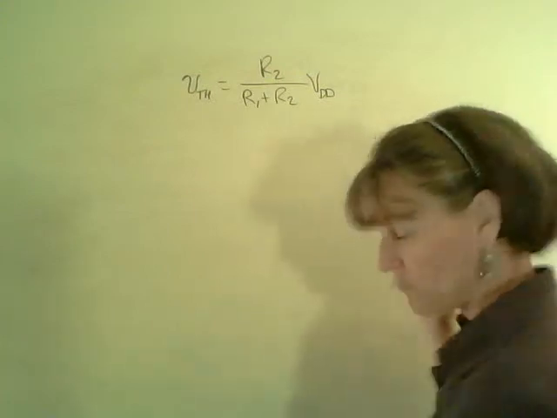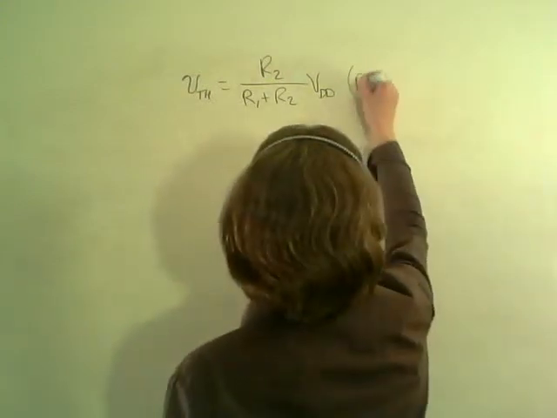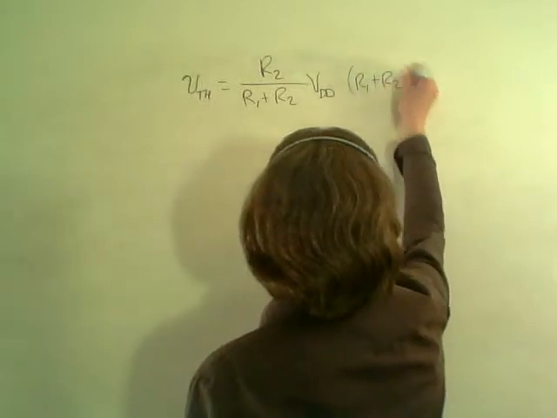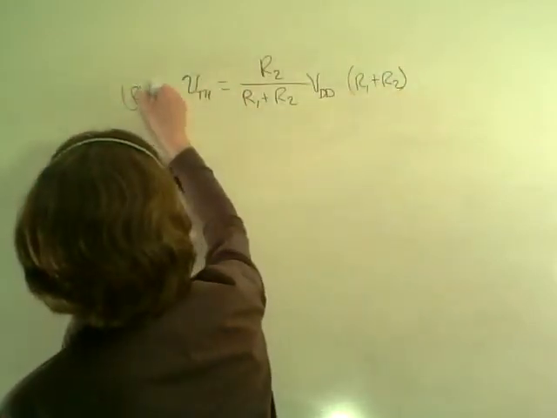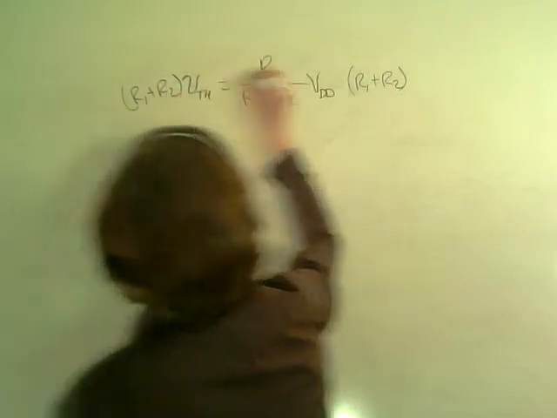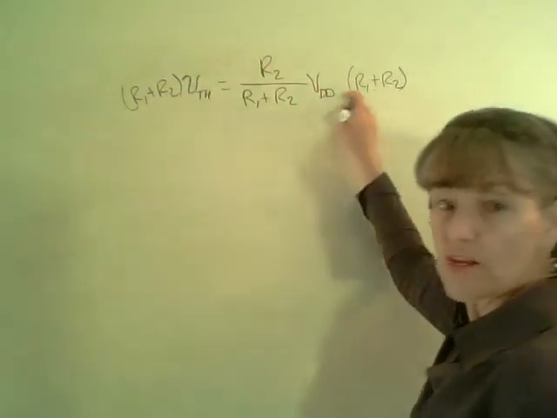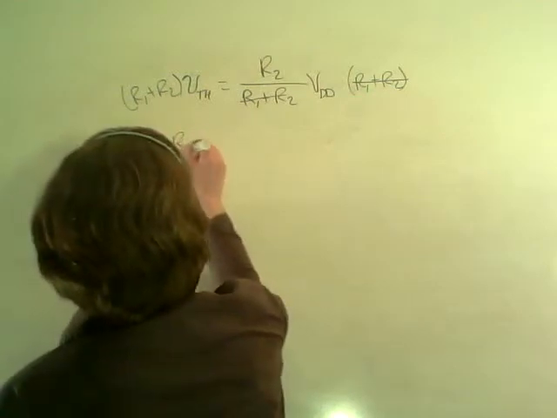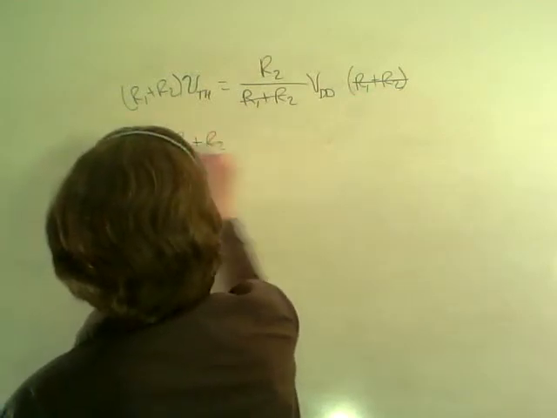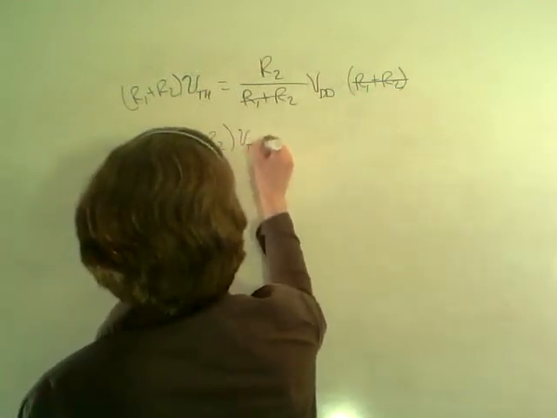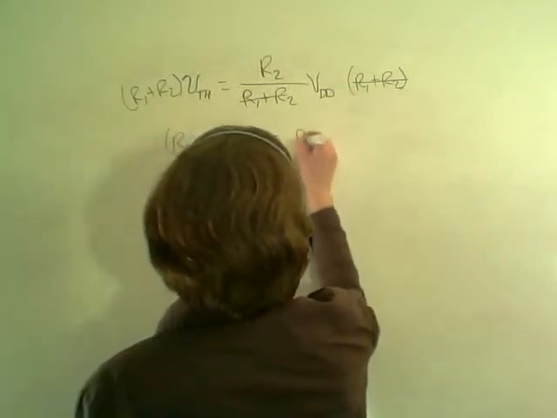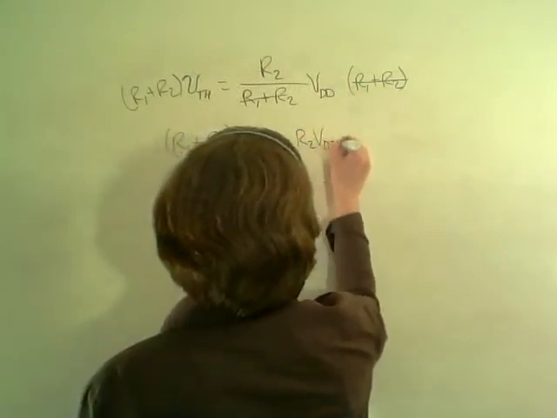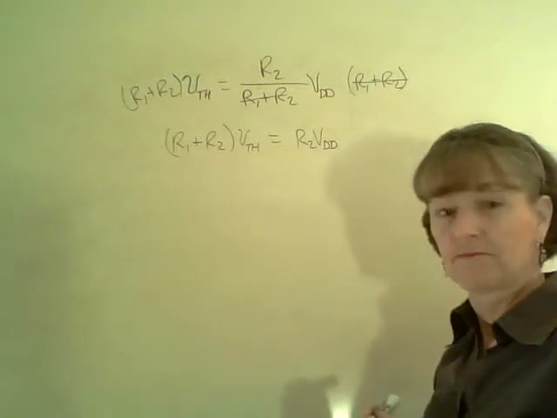I want to get rid of the denominator. So we multiply this side by R1 plus R2, and we multiply this side by R1 plus R2. All right, well, on the right-hand side, R1 plus R2 cancel. So I now have R1 plus R2 times VTH on the left equals R2 VDD on the right.